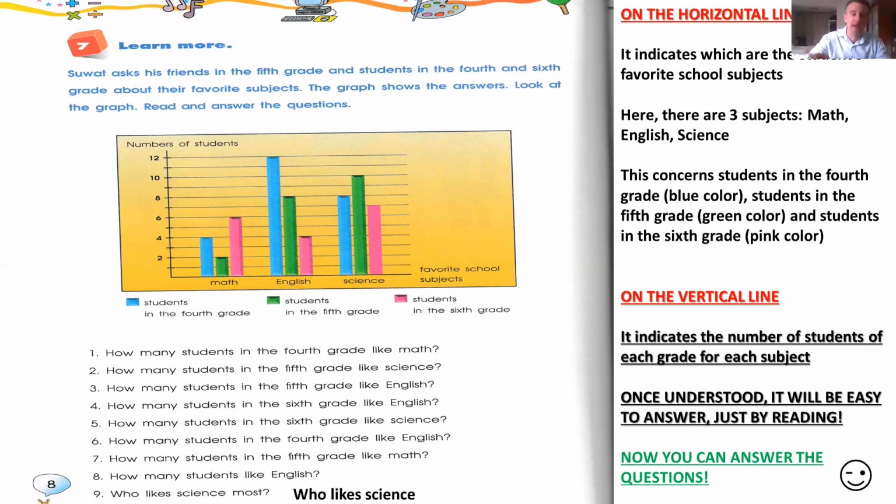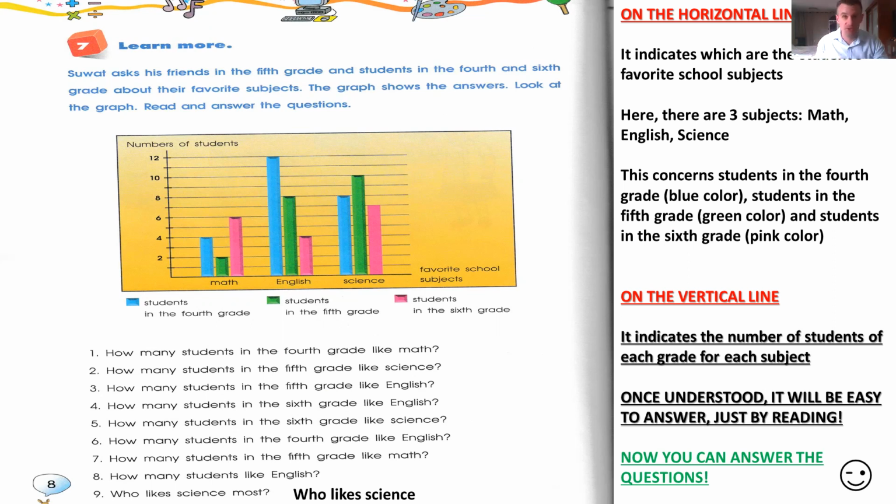Okay, do you see on the right, if you take a look at the graph, favorite school subjects, so horizontal line. Okay, so in mathematics, you call this part X. Okay, this is X. Here, there are 3 subjects: math, English, science. It's okay for you? You have 3 subjects: math, English, science. Okay, on the horizontal line.